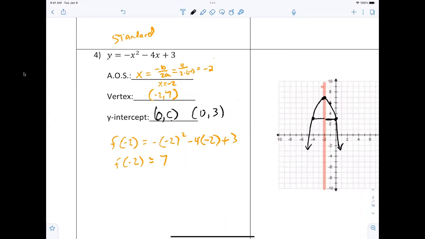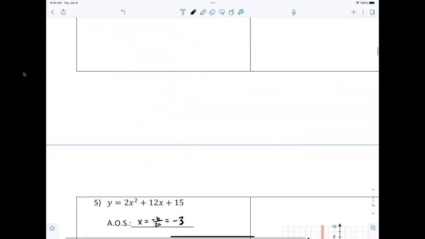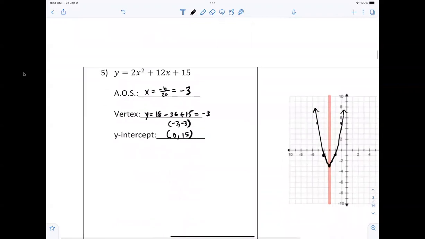Remember, standard form is this. y equals ax squared plus bx plus c. That's the standard form, okay? So what's b in number 5? Well, -12 divided by 2 times a.